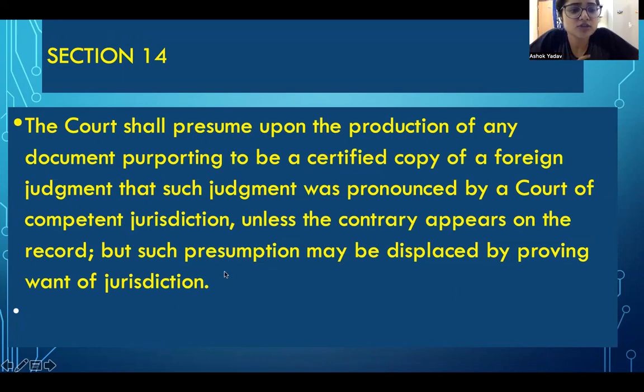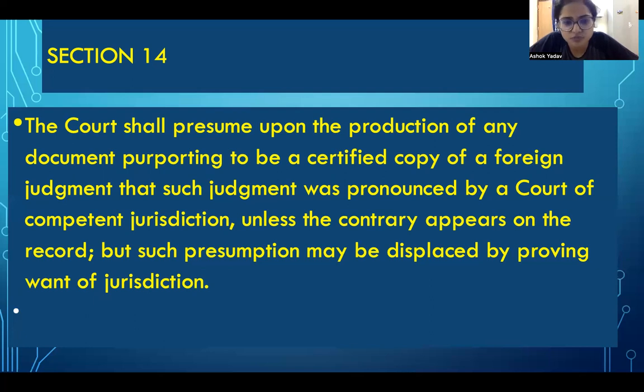Here, under section 14, they are talking about a presumption: the production of any document purporting to be a certified copy of a judgment. Suppose any judgment was given by a foreign court, and you now produce that in any court in India, it will be presumed to be a certified copy of that judgment, but it will always be a rebuttable presumption of law.